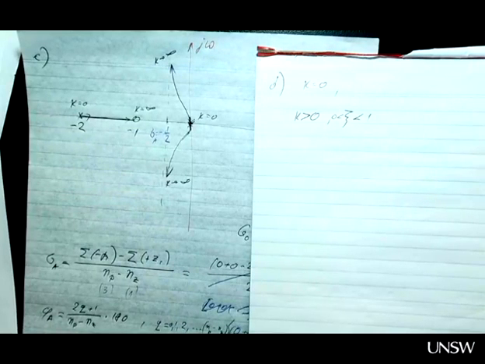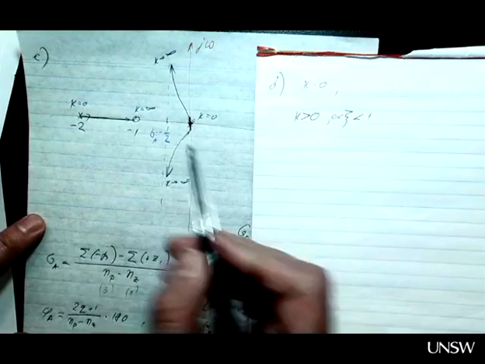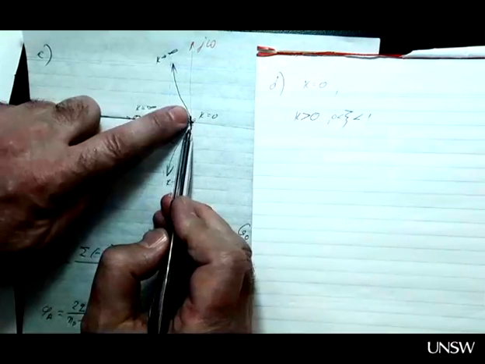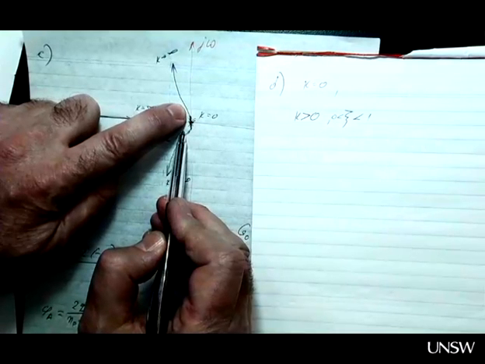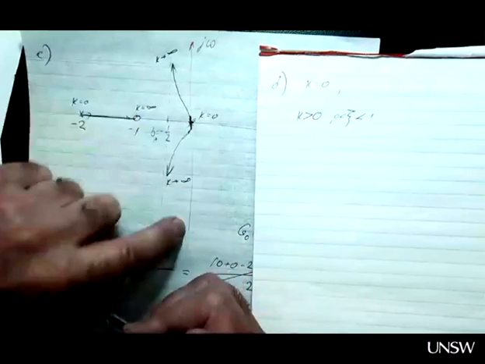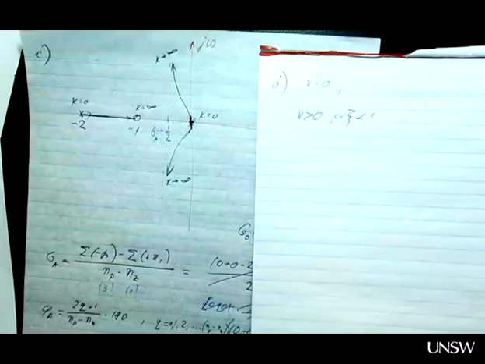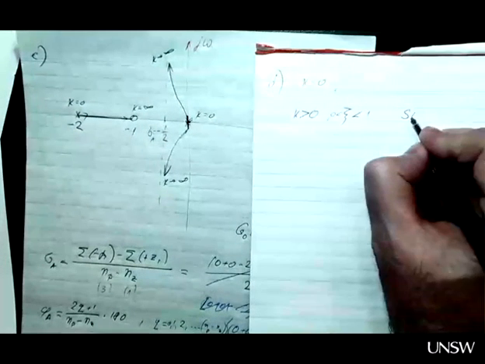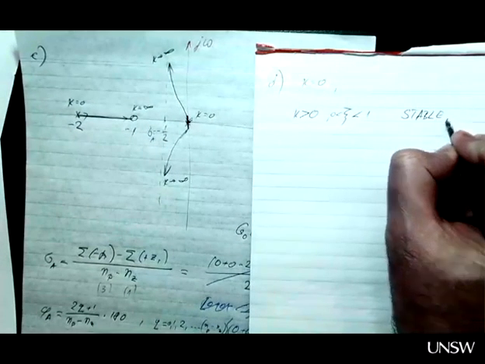Which means that as soon as K becomes greater than 0, you have an oscillatory stable system. Why stable? Because these poles also move slightly to the left. As they move away from the real axis, they move to the left as well. Moving to the left means moving away from the boundary of stability, away from the imaginary axis. So we have oscillatory stable.